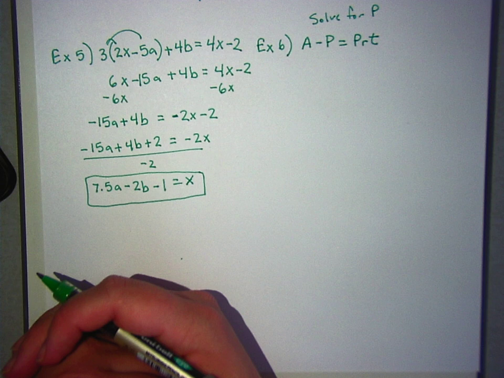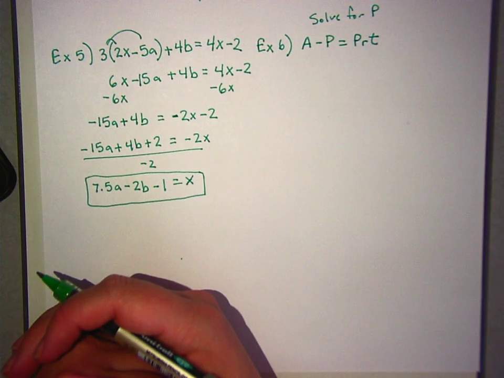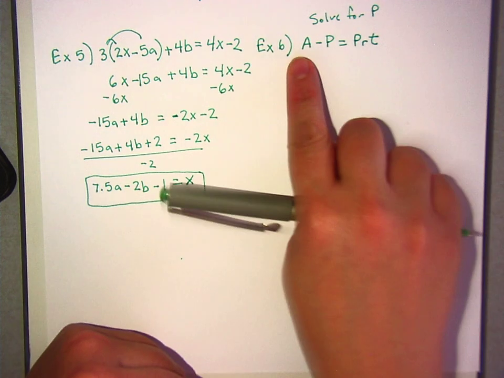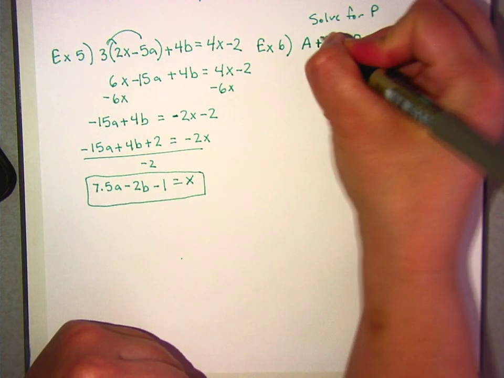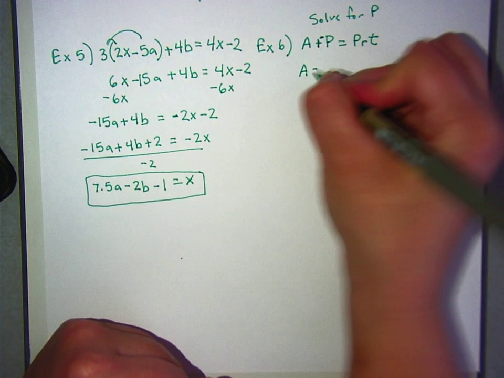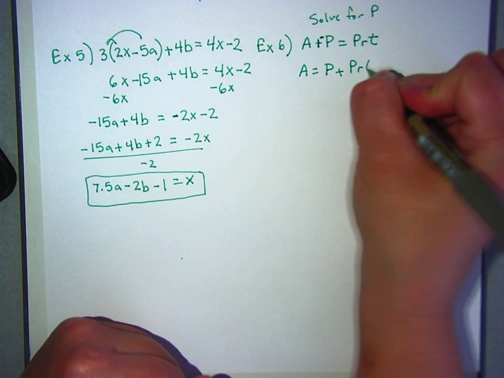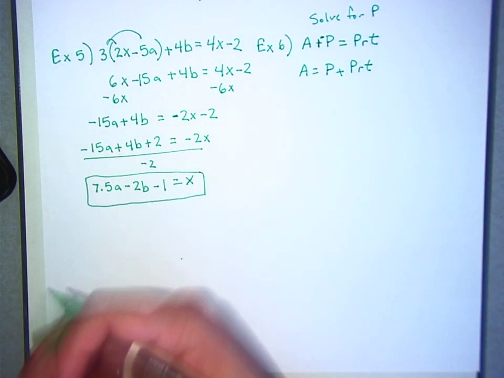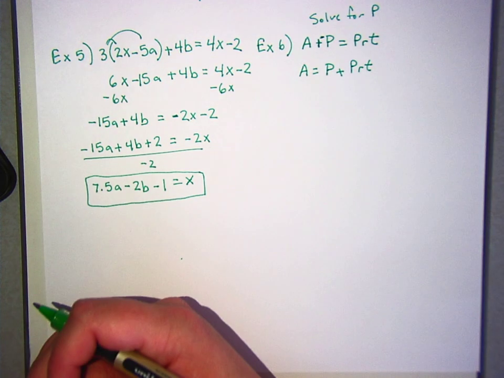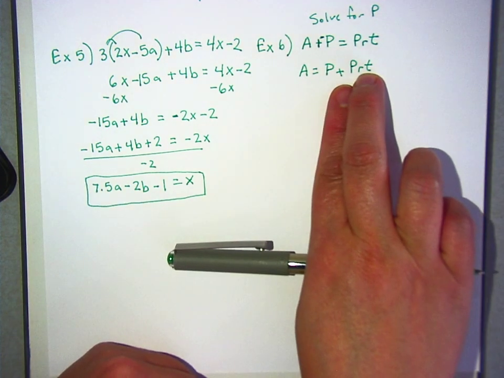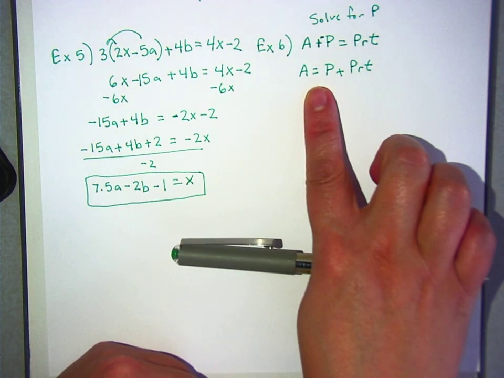What do you think we should do first? Add P. So A equals positive P plus PRT. Do you see the problem right now? You can't put these together, right? Because one has an RT and one doesn't.